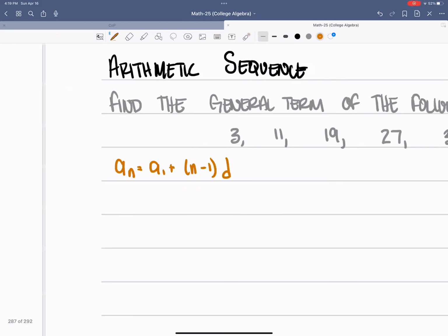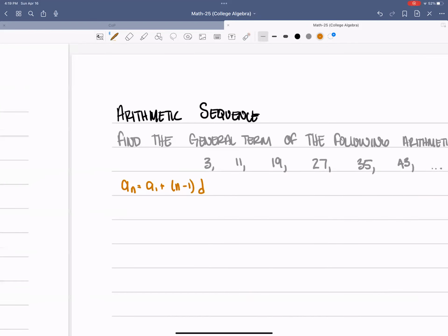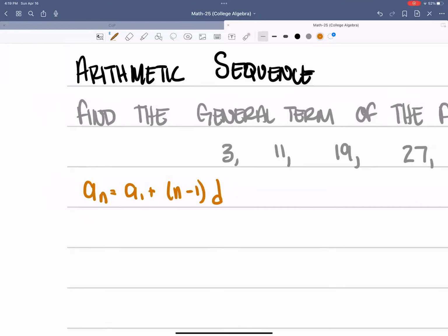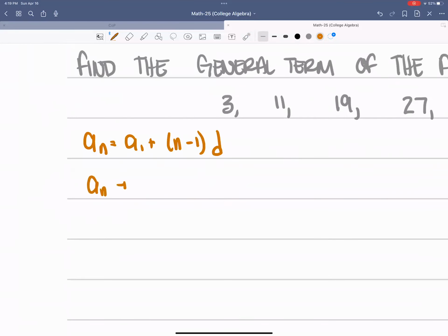So let's get a little legend here. We'll call a sub n the general term, or we could call this the nth term, because it'll give us whatever term we're looking for.